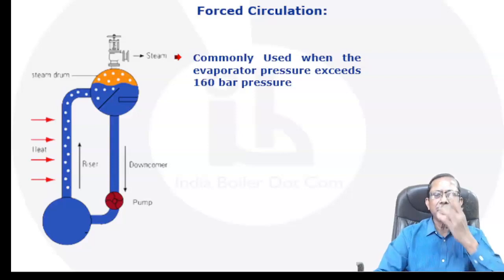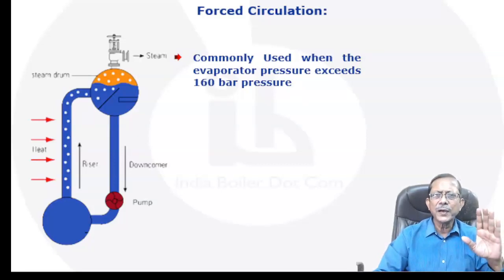Now let me tell you, in various refineries and petrochemicals, you may find a waste heat recovery boiler at a very low pressure, let us say 4 to 6 bar, just generating LP saturated steam by utilizing the waste heat. But you may see that there is a circulation pump in the circuit, whereas at 4-6 bar pressure the density difference is huge, so there should not be any need of forced circulation.